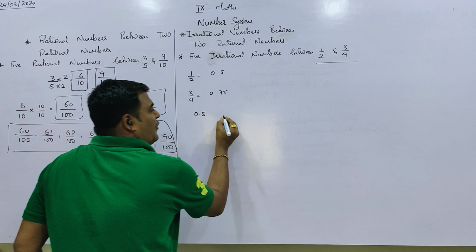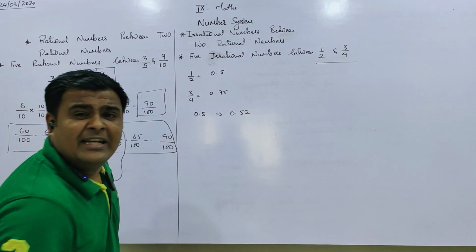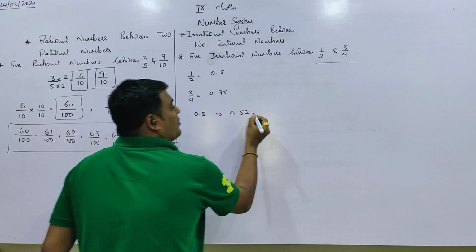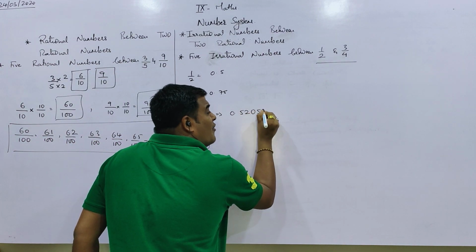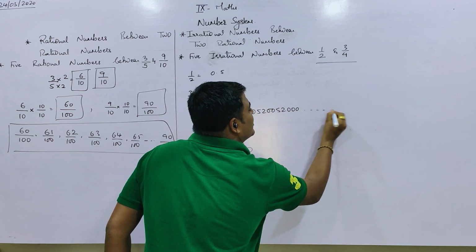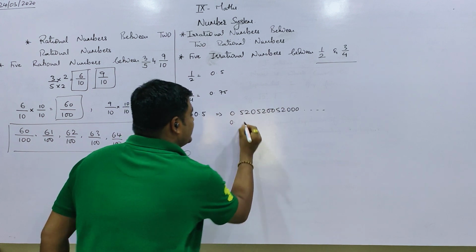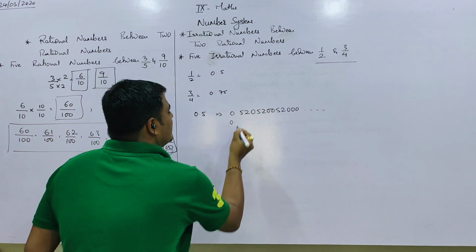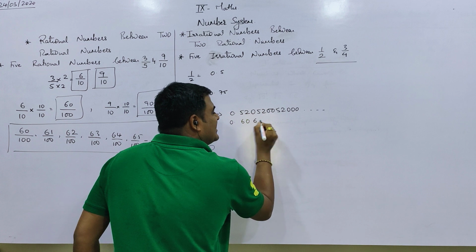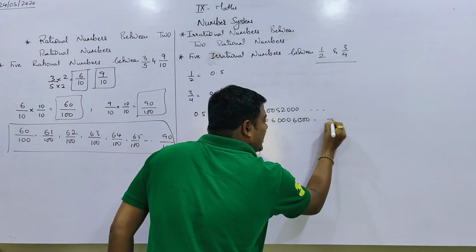So let us find the first number. 0.52 is greater than 0.50. That is 0.52, 0.5200, 0.52000 and so on. This is our first number. Then you can use 0.6, which is also greater than 0.5: 0.60, 0.600, 0.6000 and so on.